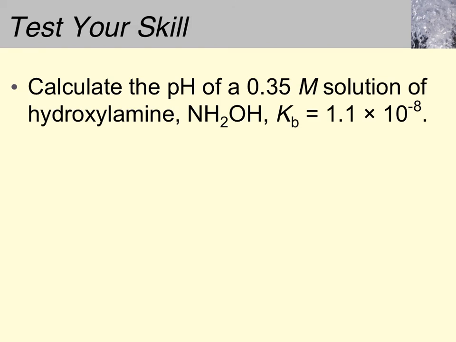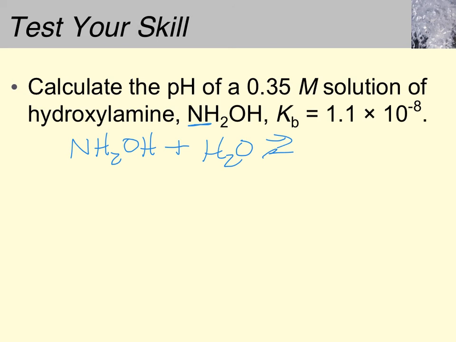Here's one for you to work on your own. It's worked exactly the same way as the one I just did. I will get you started by writing out the equilibrium because this may look funky to you. It's got a nitrogen in it, it's neutral, therefore it's going to act like a base.